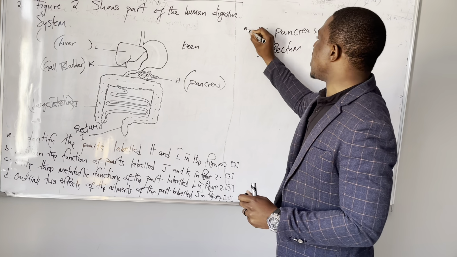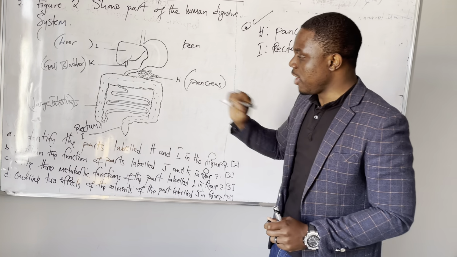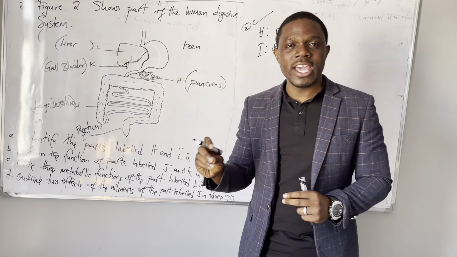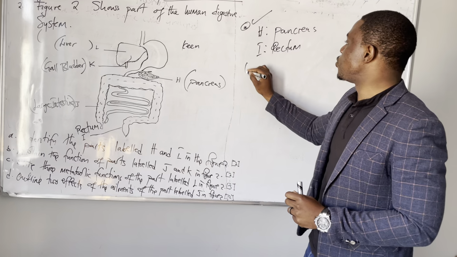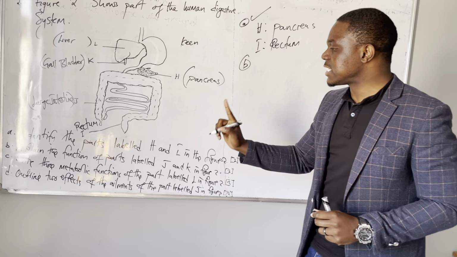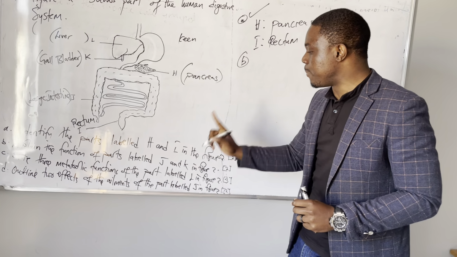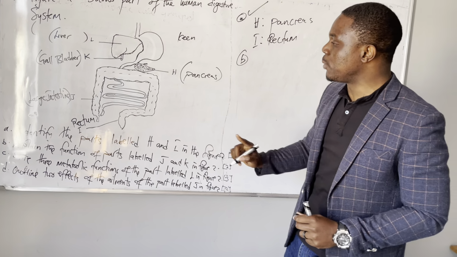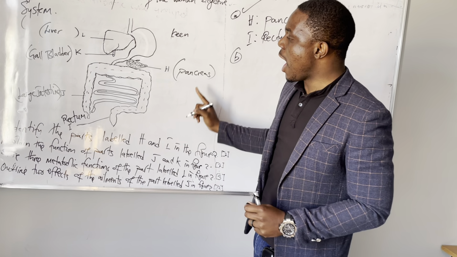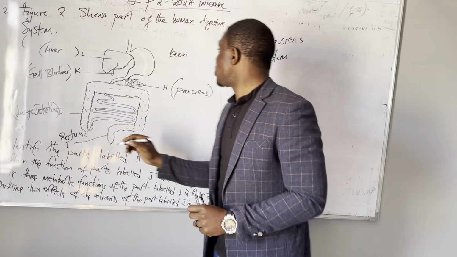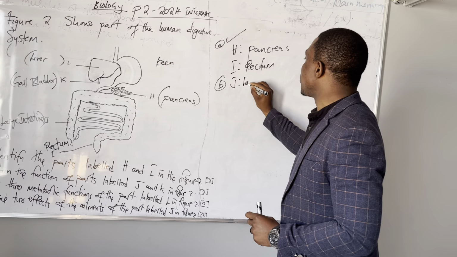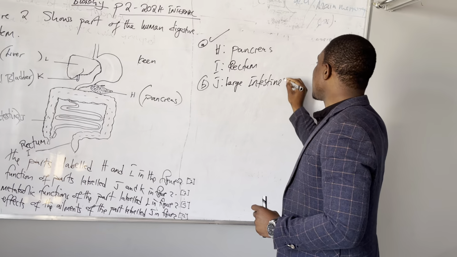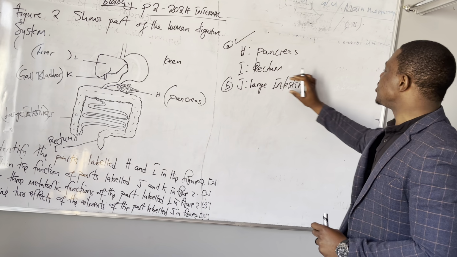That means question A we have answered. If we quickly go to B, remember when answering the exam you have to be very quick and very sharp. Question B is: explain the functions of the parts labeled J and K in the figure. Part J is the large intestine.